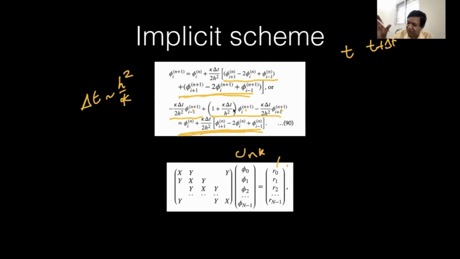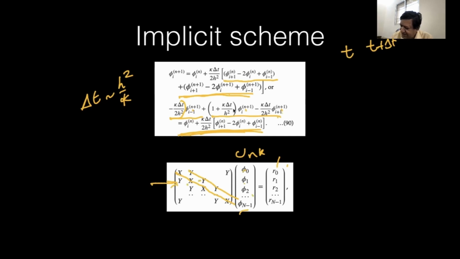I'm using periodic boundary condition, so 0 to n minus 1. Here you can look at the structure. This is the I part, the space point, and this is I plus 1, which is to the right. If the matrix multiplies, for the second row, this will multiply with phi 1 here, this will be phi 0, and this is phi 2.